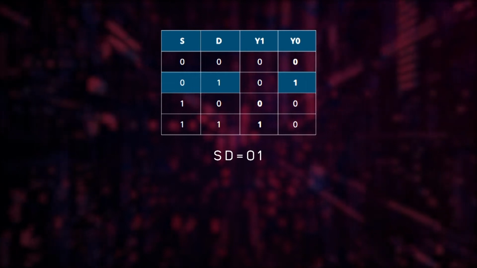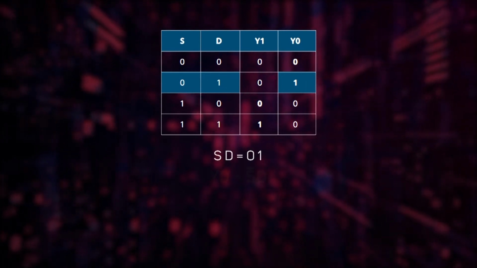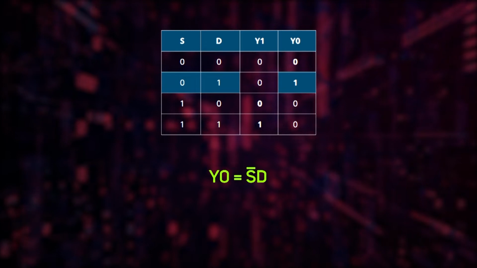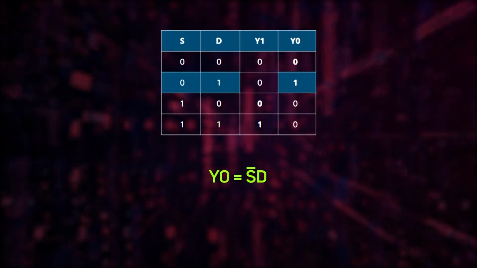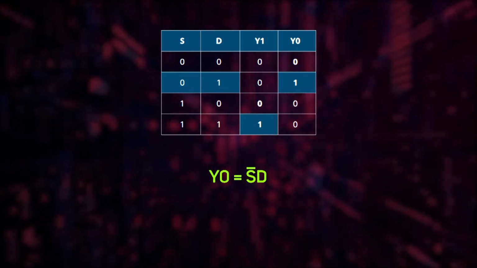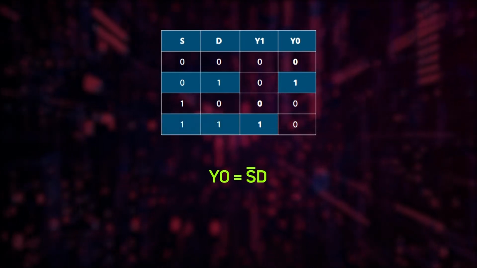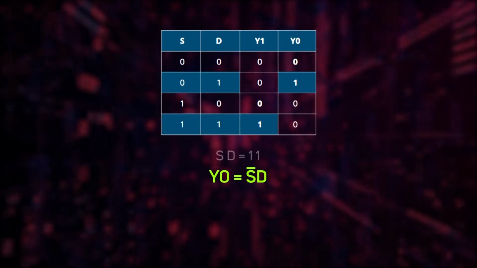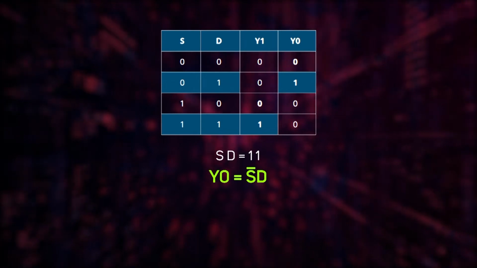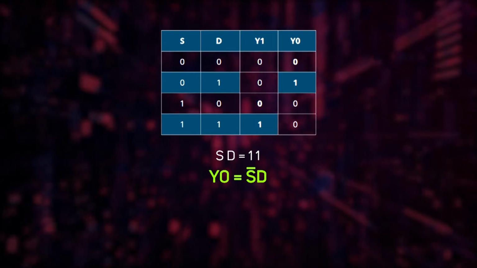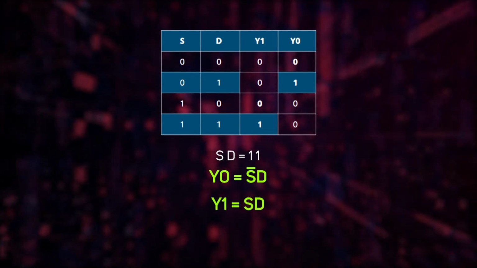Therefore, the expression for output Y0 is Y0 equal to S complement D. Similarly, the output Y1 is active when the combination of select line and input line are active high, that is SD equal to 1 1. Therefore, the expression for output Y1 is Y1 equal to SD.